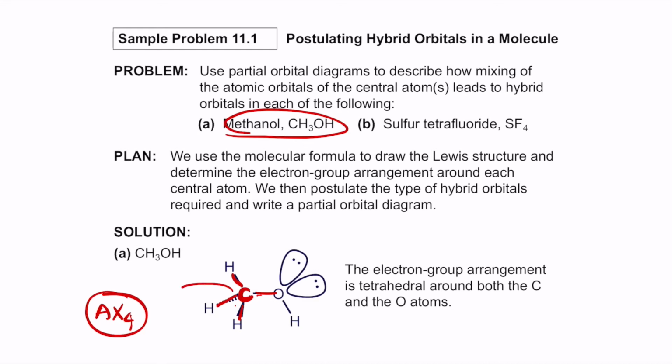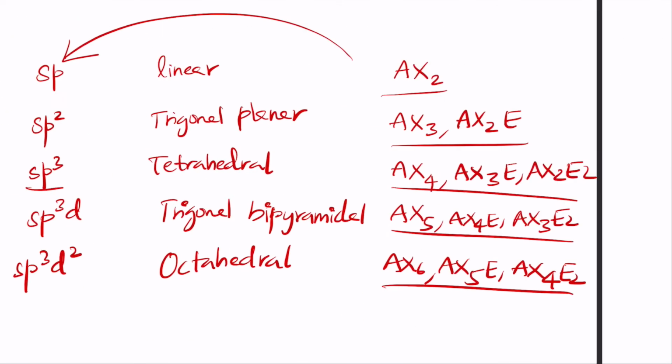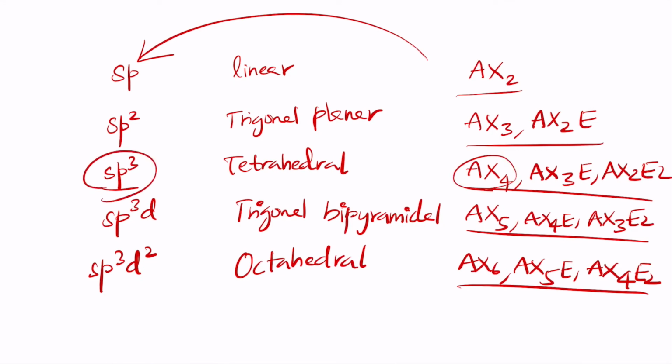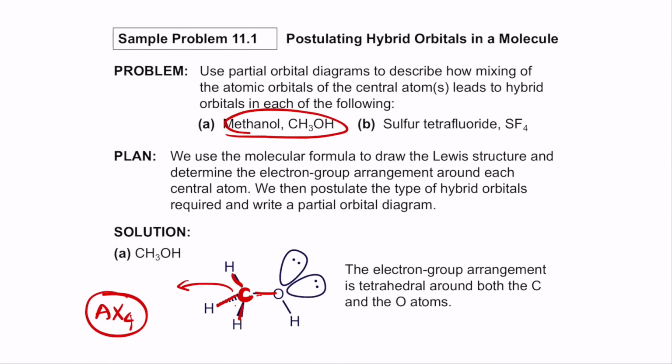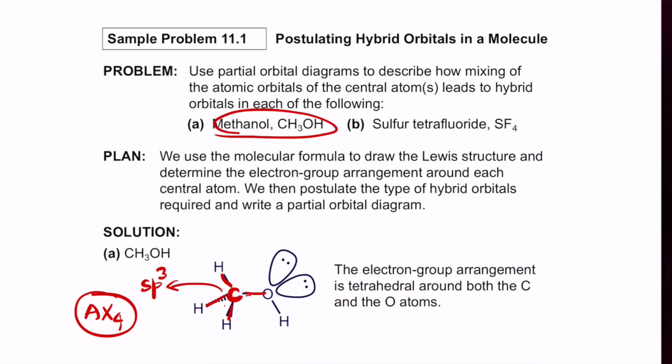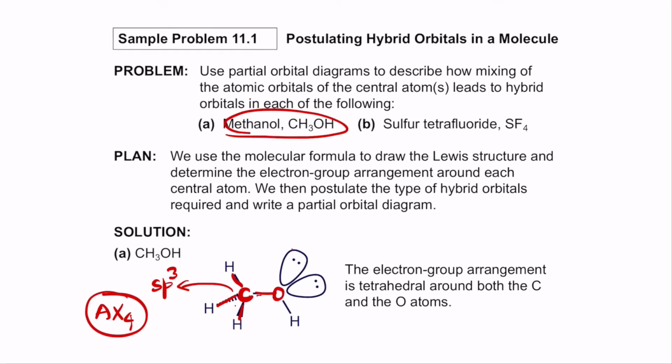Because it's AX4, we know the hybridization is sp3, so the carbon undergoes sp3 hybridization. Oxygen has 2 lone pairs and 2 bonds. That gives the arrangement AX2E2, which also gives sp3 hybridization, but rather than a tetrahedral shape, it has a bent shape.